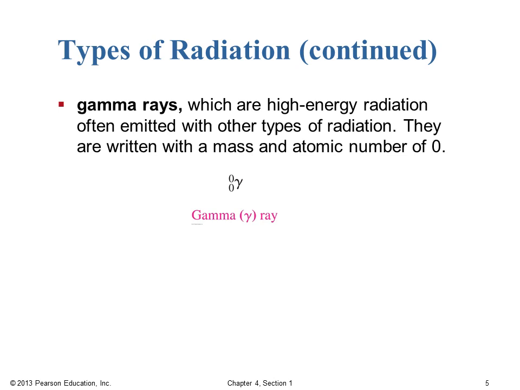Gamma rays are the highest in energy of the three. It's really, really high energy, and it does not contain any mass. So there's 0 as the mass number and 0 as the atomic number.